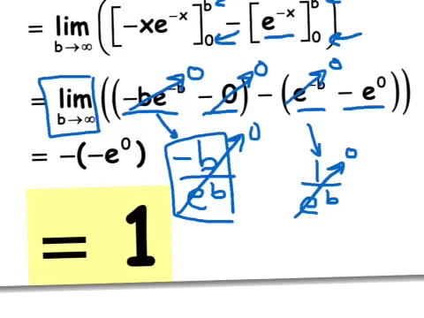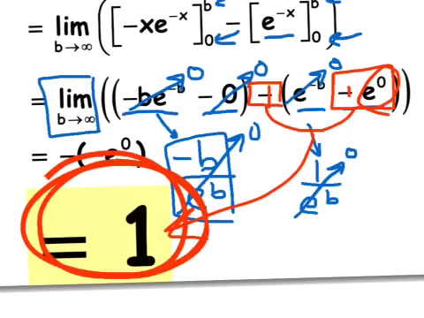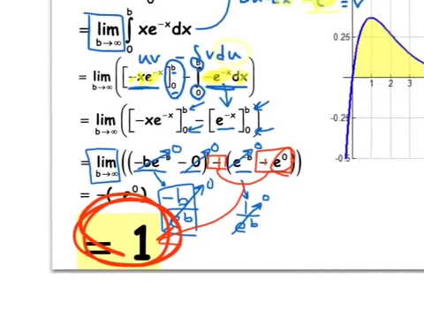And the only thing we're actually left with is, let me grab a different color here so it shows up, we have negative e to the 0. We have the opposite of negative e to the 0. Well, minus a negative is plus a positive, and e to the 0 is equal to 1. And there we have it. Our answer is 1. Let me zoom out so you can see everything all at once.